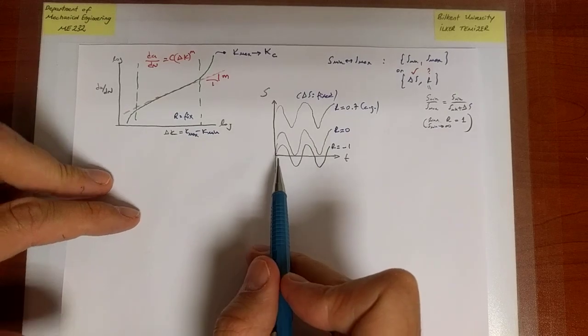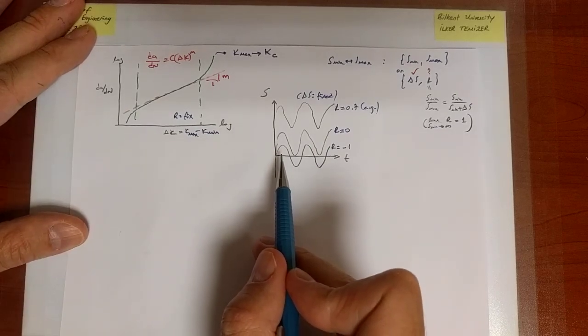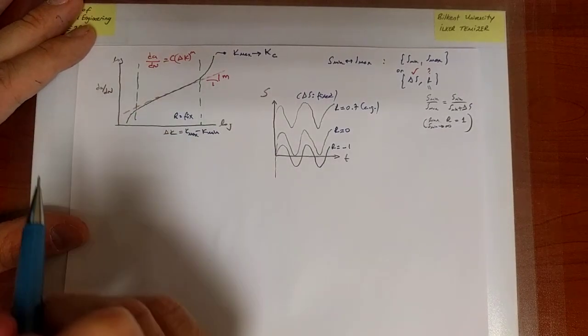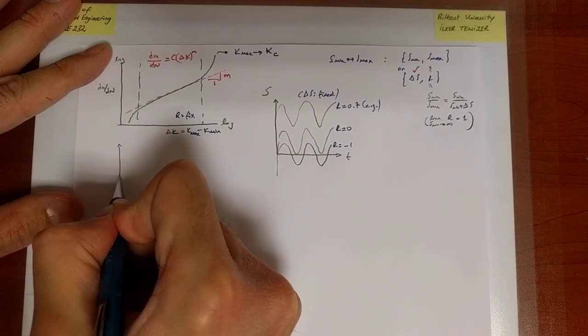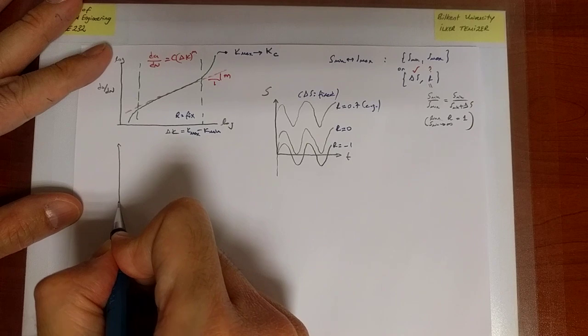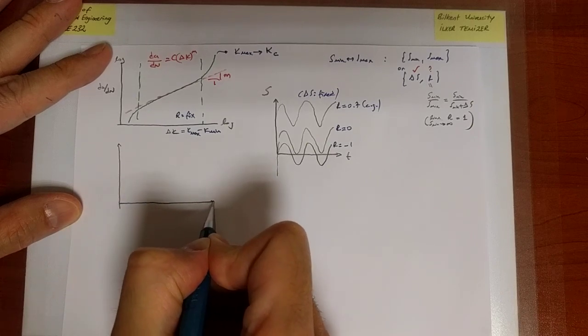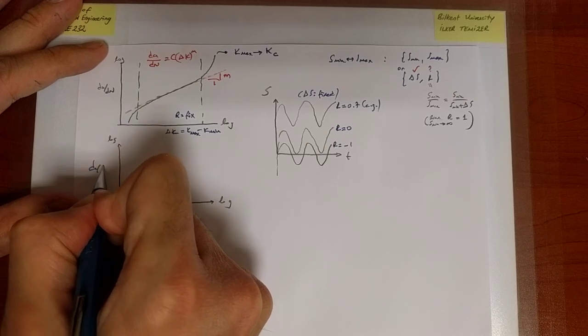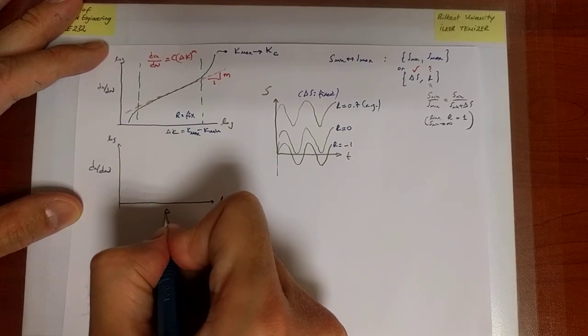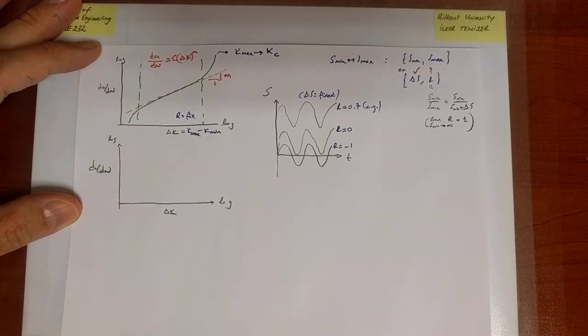What I'd like to do is reflect the influence of R on that plot. So I'm going to draw this plot once again underneath. It's on a log-log scale, da/dN versus delta K. Okay.